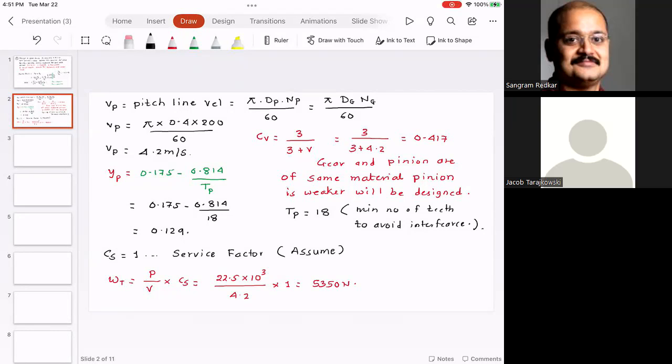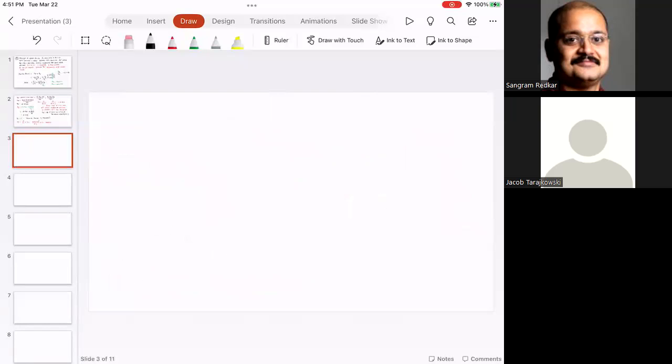Now, with this tangential load, I should be able to find out the module. So Wt is equal to Cv multiplied by sigma O multiplied by V multiplied by pi multiplied by M multiplied by Y. And this value Cv, we already know it's 1.